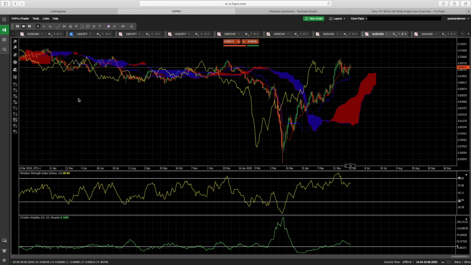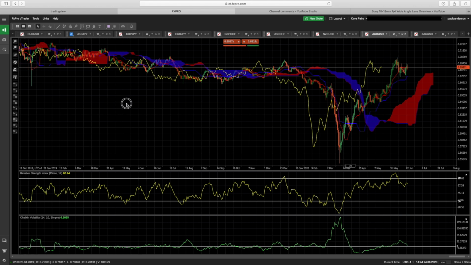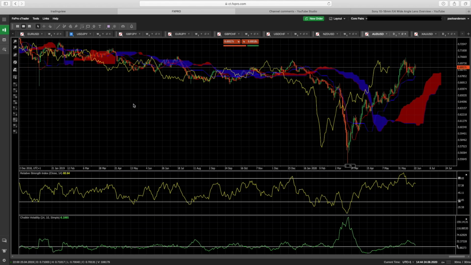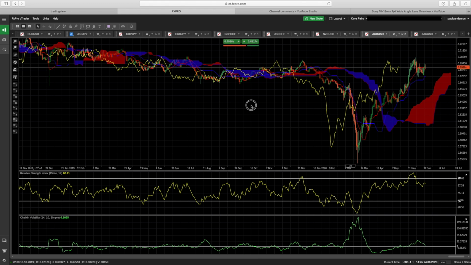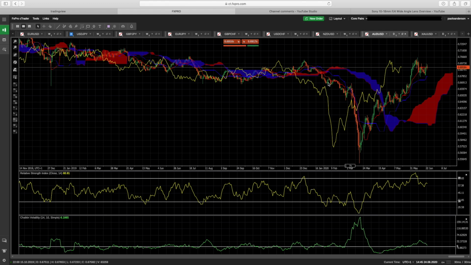Move the chart a little bit to the right to get a bigger view, and we're kind of consolidated here, which I'm not surprised of, given where we are geopolitically, and with the whole COVID-19 global effect on economies around the world. So we are where we are with this pair, consolidation.